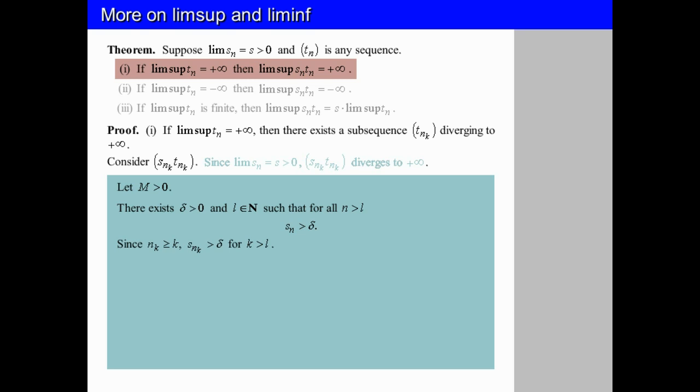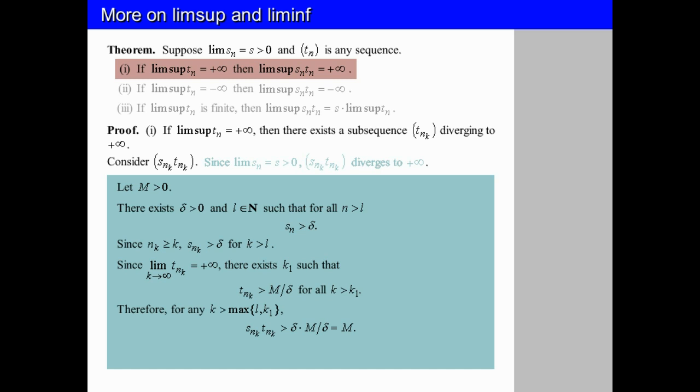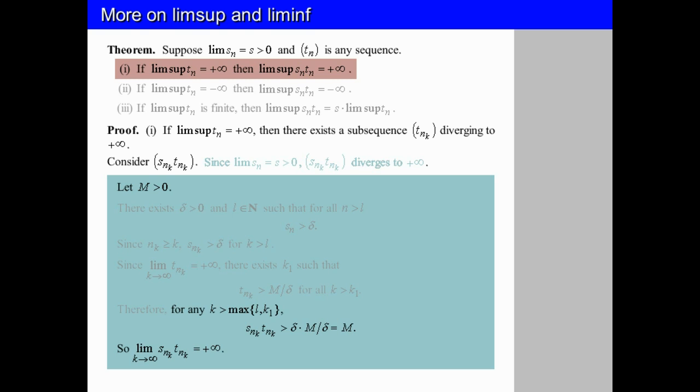Since nk is greater than or equal to k, Snk is greater than delta for k greater than L. Since the subsequence Tnk diverges to positive infinity, there exists k1 such that Tnk is greater than m over delta for all k greater than k1. Therefore, for any k bigger than both L and k1, we have Snk times Tnk is greater than m. This proves that the subsequence Snk times Tnk diverges to positive infinity.